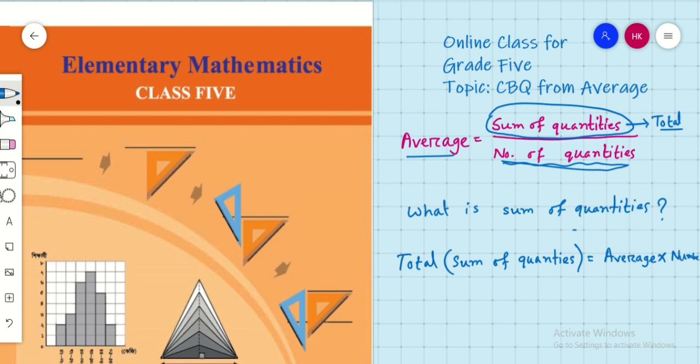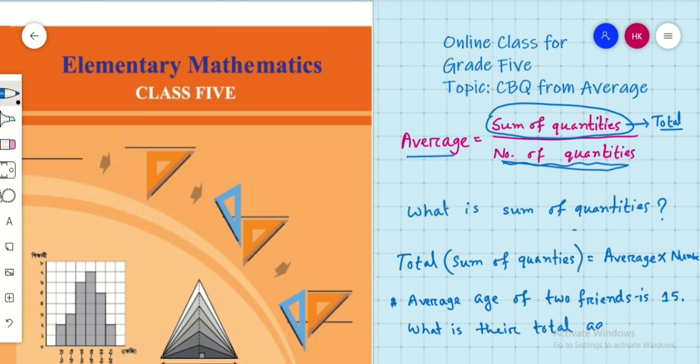For example, say the average age of 2 friends is 15 years. What is their total age? This is a short question.